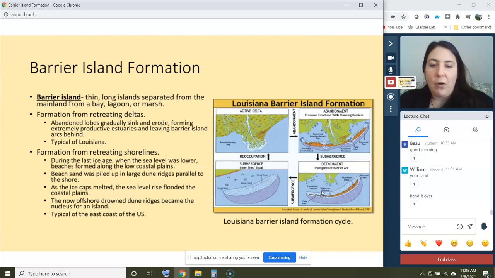And then as sea level rise flooded the coastal plains, then those dune ridges actually were located offshore, and the tops of the dune ridges were sticking up above the waterline, and they became islands. And so this way of barrier island formation is very typical of the east coast of the United States, and very typical of a lot of coasts around the world. So most of the barrier islands that are not existing really close to a really big delta are going to be formed this second way from retreating shorelines.